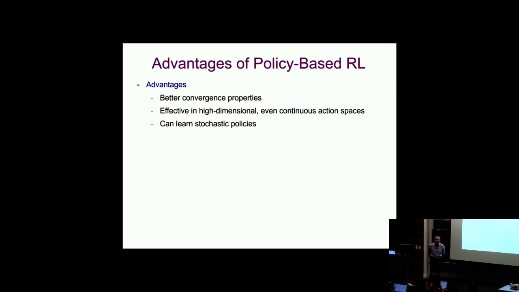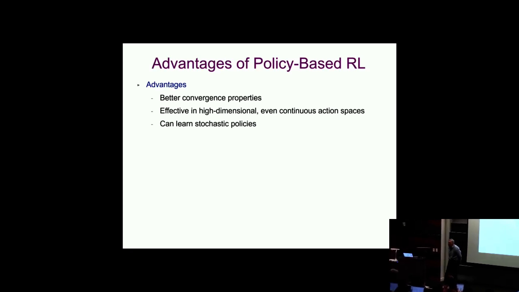Now, why would you want to do such a thing? It's really like the first thing you should think of if you're thinking about reinforcement learning. We want to learn a policy, so let's learn a policy. We justify learning value functions instead because, as you now know, it's sometimes easier to learn the value function.